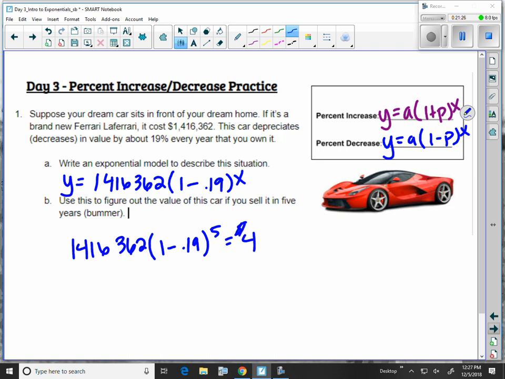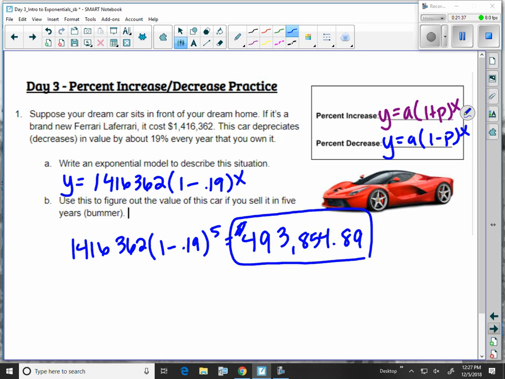And how many years? That's what you should be getting.